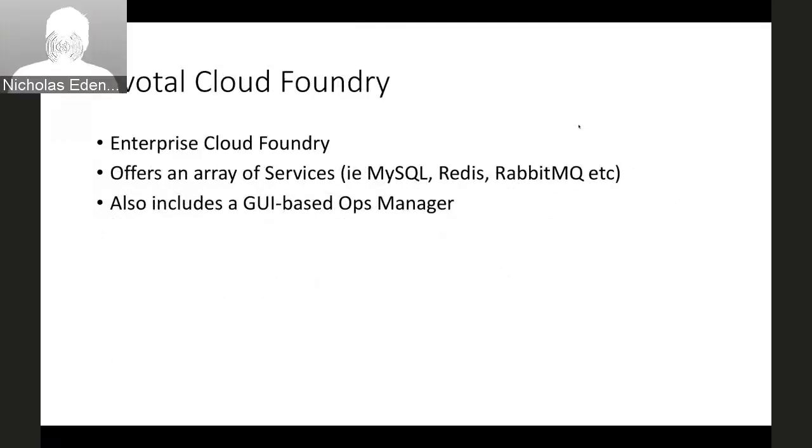So then what's Pivotal Cloud Foundry? Pivotal Cloud Foundry is taking Cloud Foundry, the open source components, and making it enterprise grade, providing support and adding in a bunch of services that can be plugged into the platform so that developers can make use of them.